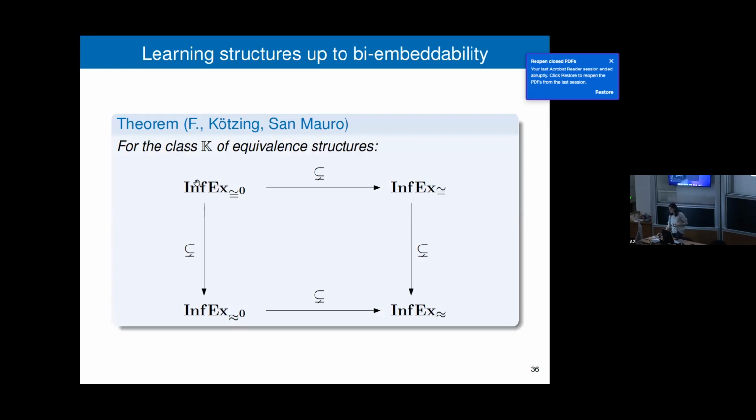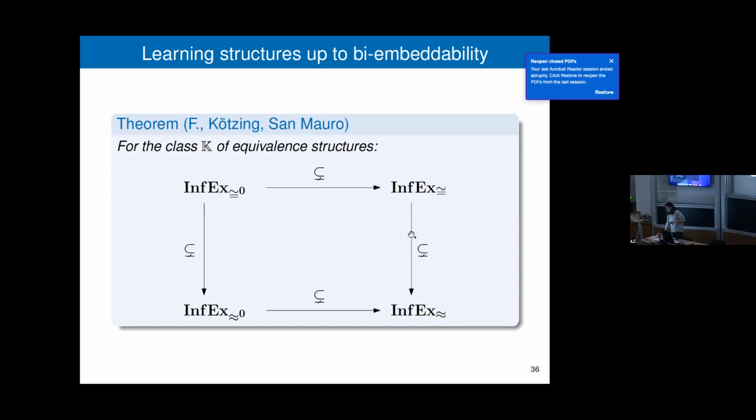These are equivalence structures that are learnable up to computable isomorphism, these are learnable with respect to computable bi-embeddability, with respect to arbitrary isomorphism, and with respect to arbitrary bi-embeddability. These implications are natural and obvious if you just look at the definitions. What we showed is that they are actually proper inclusions.